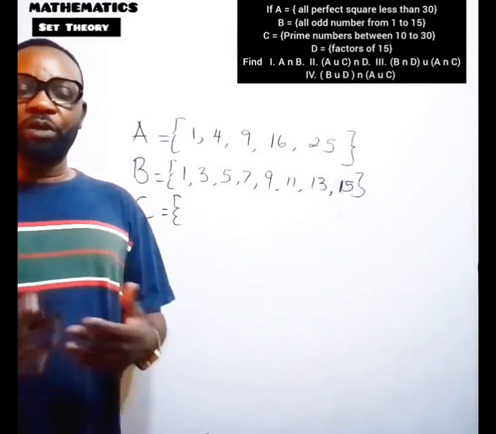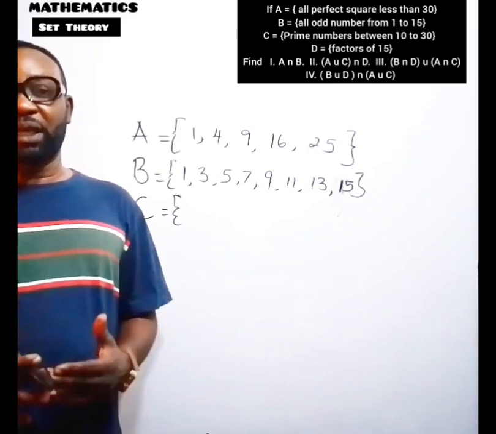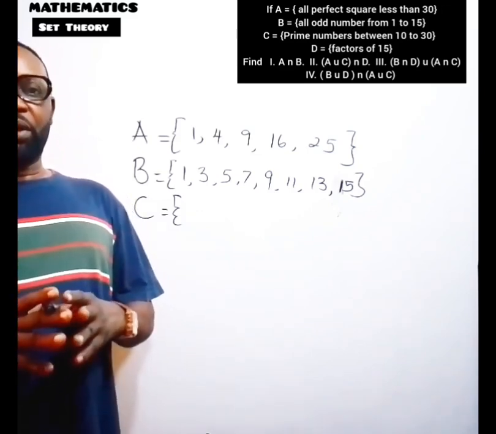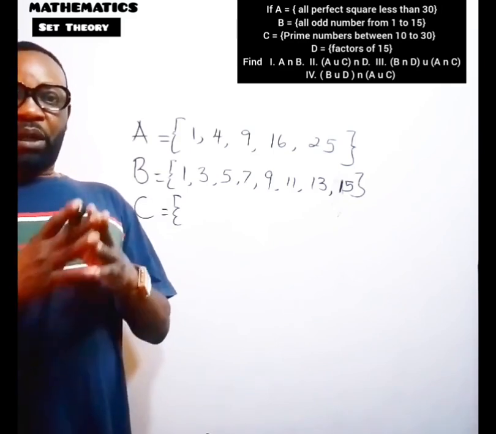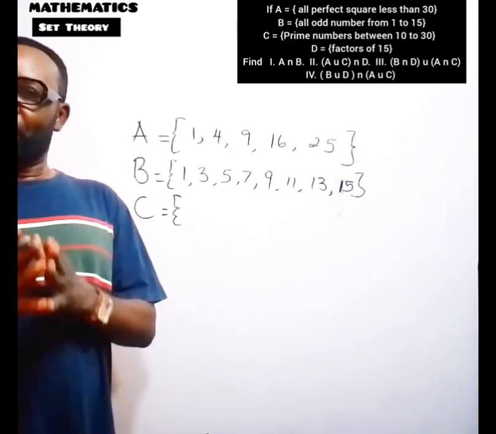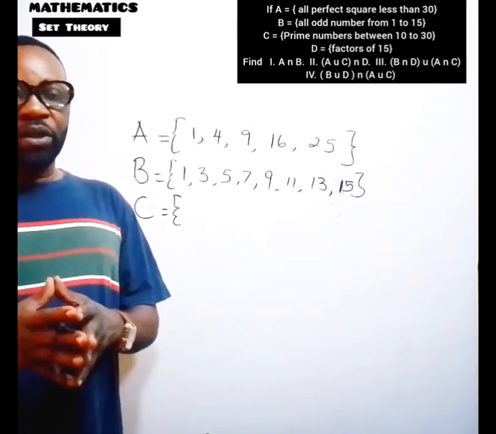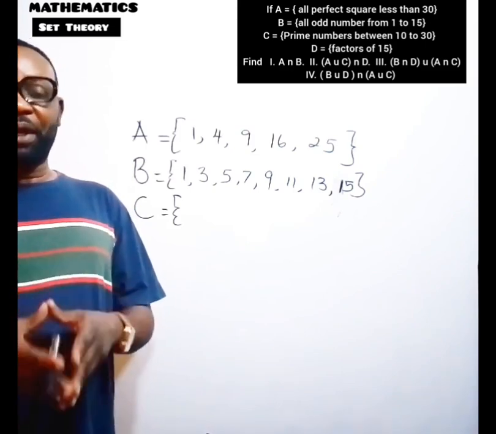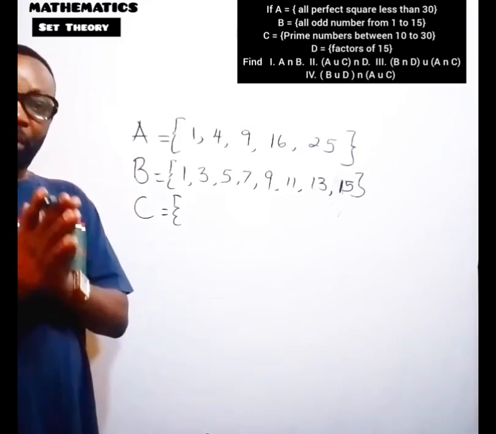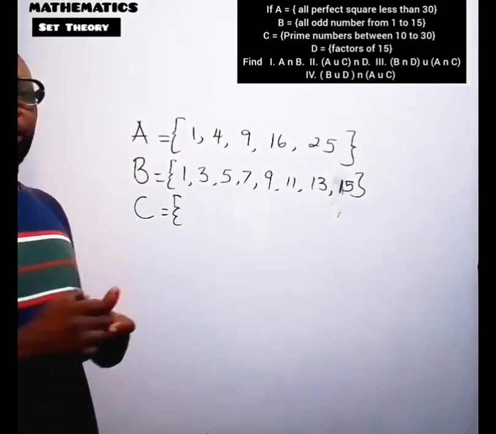We talked about this when we started the class. Prime numbers are those numbers that can only be divided by 1 and itself. When you use any other values, you are going to get a remainder. So those are what we call prime numbers, and prime numbers start from 2.